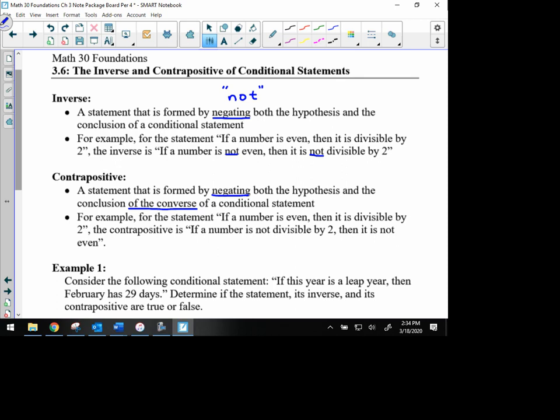Well, the inverse is when we negate the conditional statement. The contrapositive is when we negate the converse. So when we add the word not to the converse, that's the contrapositive. In the inverse, we're adding the word not to the conditional statement.